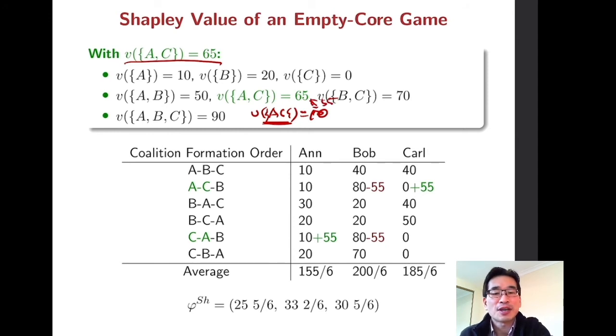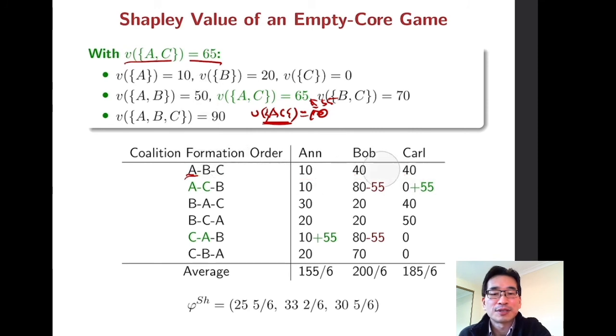So everything is the same. A, B, C form a coalition ABC. Then A takes 10, and Bob takes the difference 40, and Carl takes the difference 40 in the order of A, B, C. This order doesn't change their allocation of the surplus.